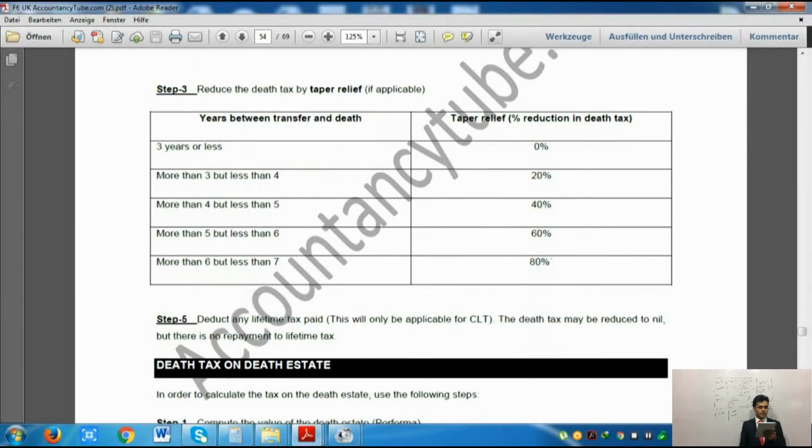If the years between the transfer and the death are less than 3, then there won't be any taper relief. If it is more than 3 years but less than 4 years, then it is 20%, then 40, 60 and 80%. This table will be given to you in the exam, so you do not have to worry about it or memorize it.